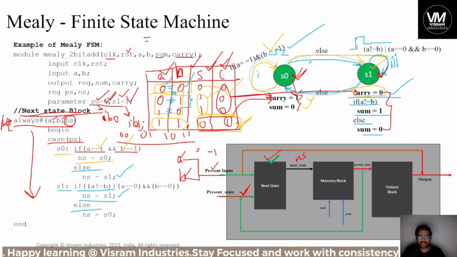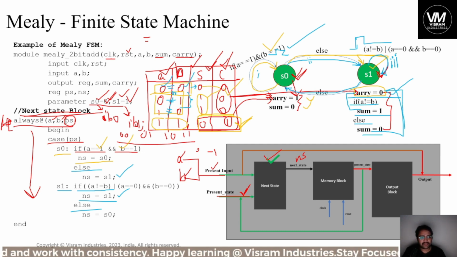Else sum is 0. Got it? And carry is 0. Carry is equal to 0, sum can be 1, and if carry is equal to 0, sum can be 0 as well. That is the reason we are taking Mealy FSM in a simpler representation.